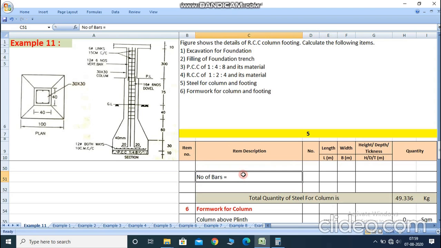is equal to, here 1 is 100 by 100 centimeter, means here 1 minus 2 times cover, 2 times 0.05, divided by spacing between the two bars. Here 10 centimeter center to center spacing is provided.